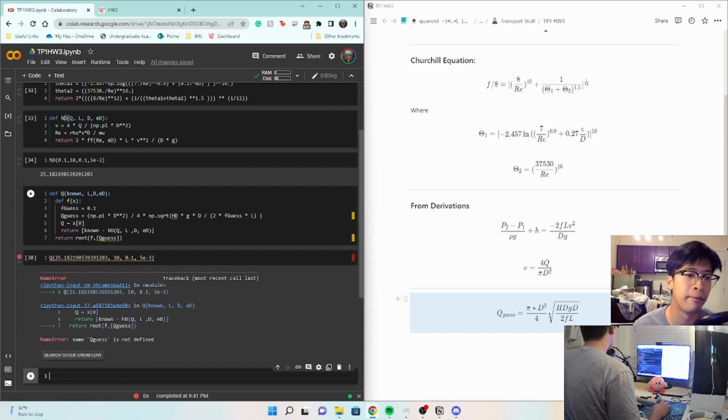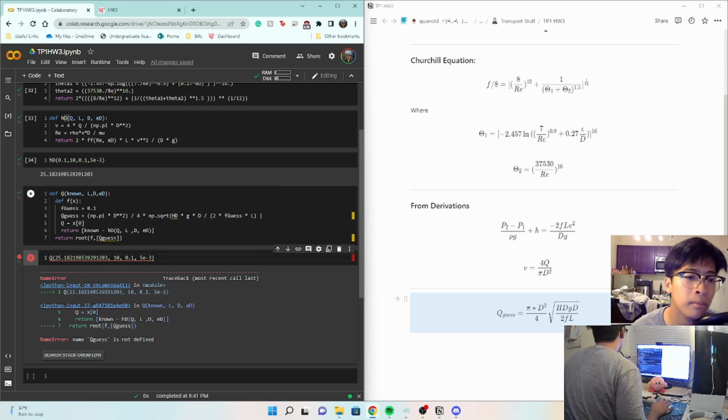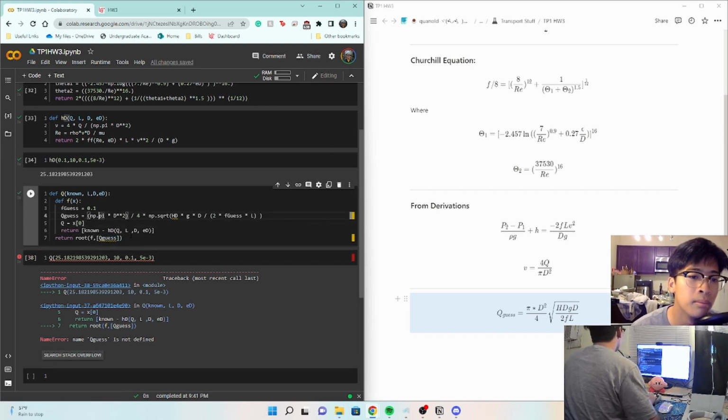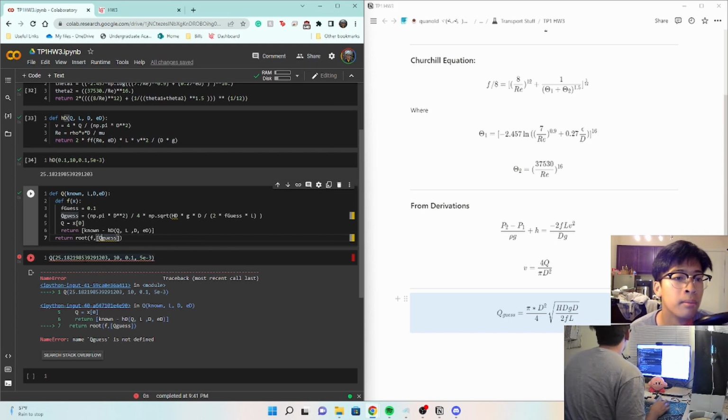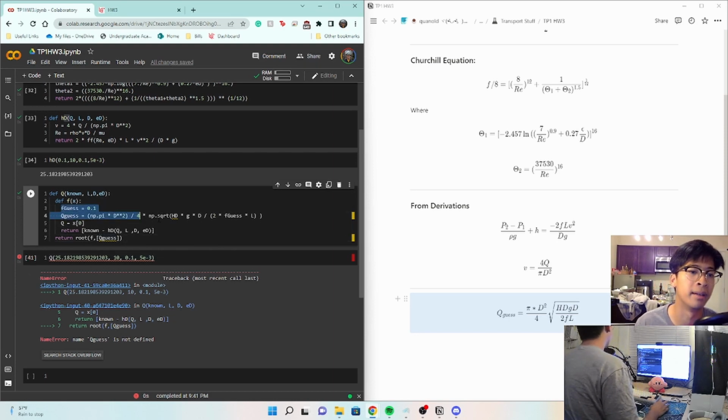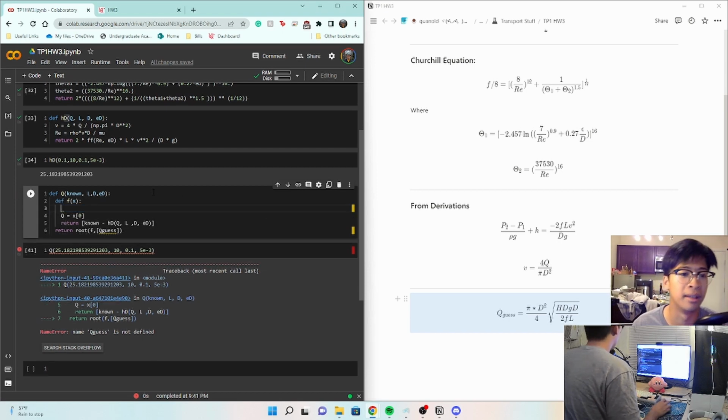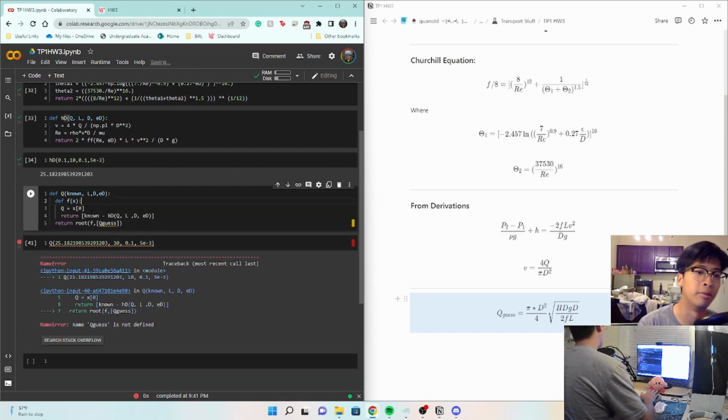Q guess is not defined. What? What do you mean Q guess is not defined? Oh, I put it inside the root solving function. This should go outside.